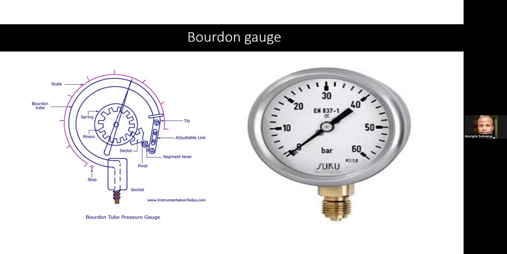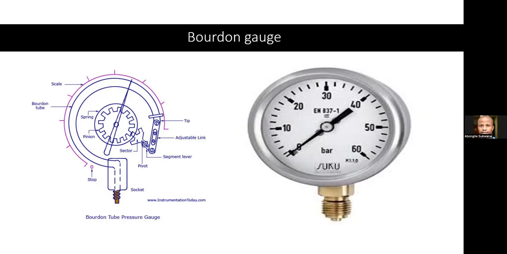As you can see, this part goes to the cylinder. As she was saying, the tubing has one side open and the other side closed, and it has this link which is connected to this system, and there's this needle marker. When there's high pressure within, take an example of a cylinder, this will straighten out and pull on this link.